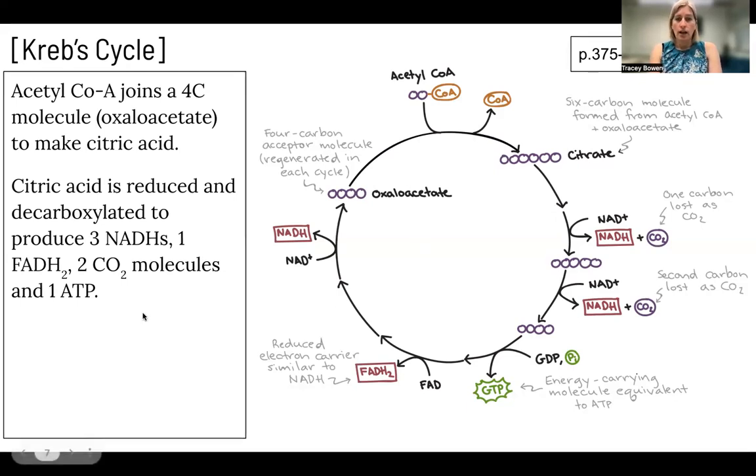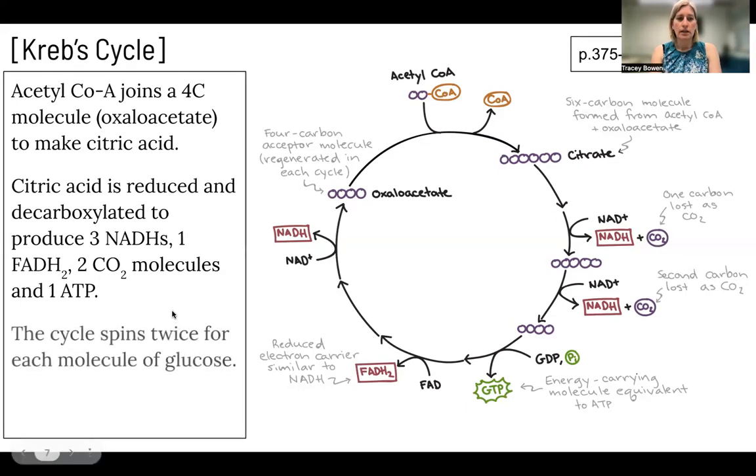And so what is going to happen in this restructuring process is that an ATP is formed using phosphates in the matrix, and a FADH is produced, another NADH is produced, and then we're back to oxaloacetate.